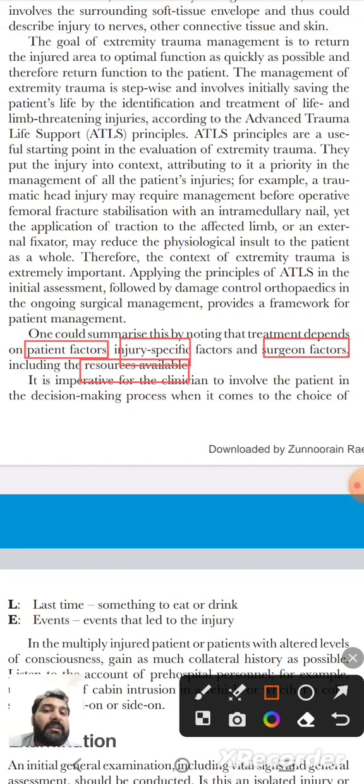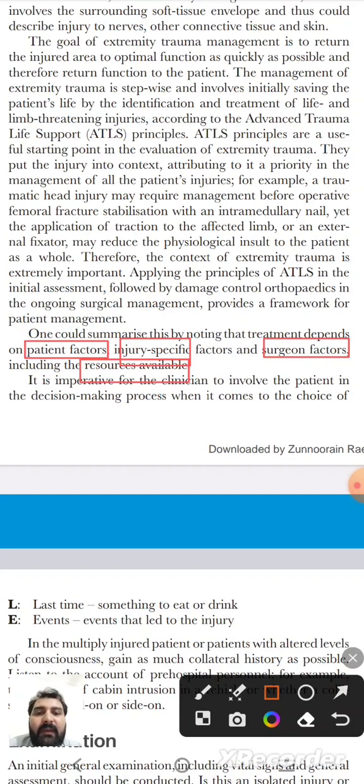And available resources are also important. For example, if we have a closed fracture of the femur, we can manage it with a closed intramedullary nail, in which an image intensifier is needed. If we don't have an image intensifier, we cannot do closed nailing. We will opt for an open intramedullary nail. So available resources are also important.